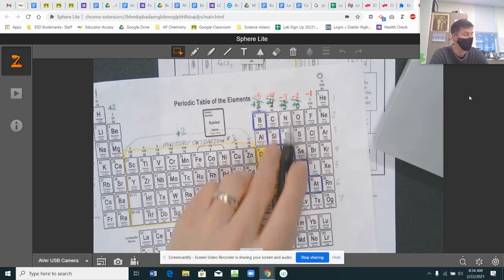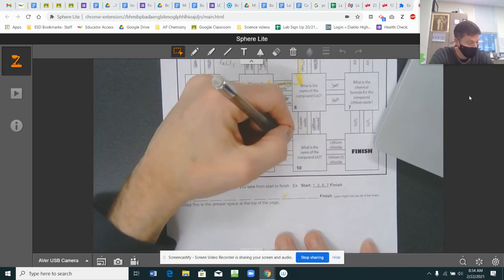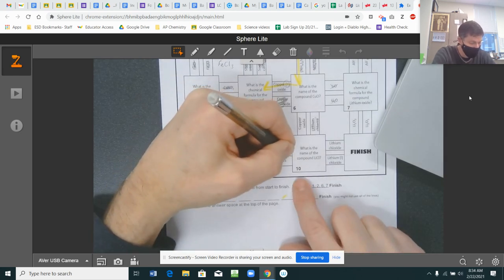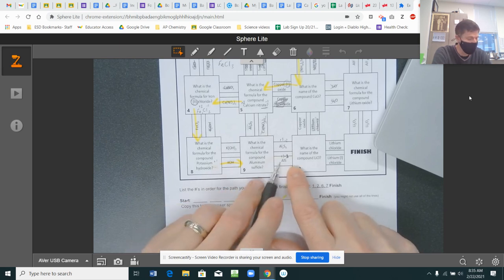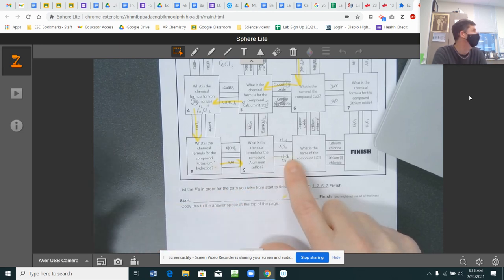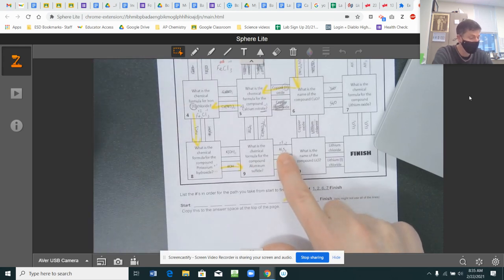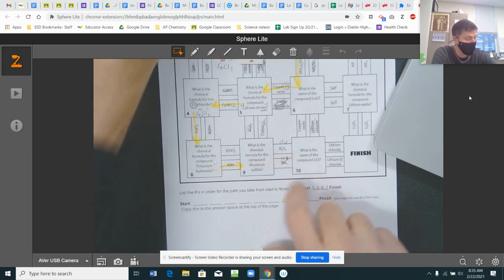Yeah, because we have that at the very top of that column, right? So if we look at this one, AlS, +3 -2, does that add up to 0? So it can't be that one. Al2S3: 2 times 3 is 6, 3 times 2 is 6. We have a winner.